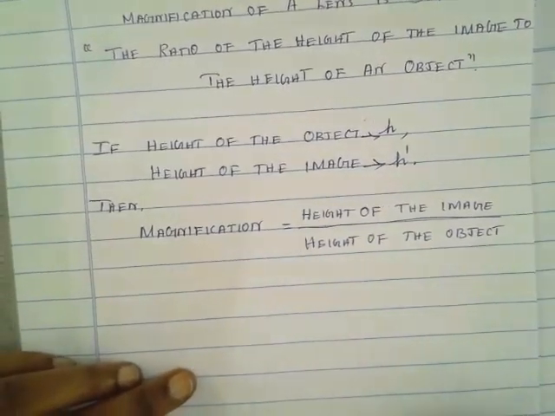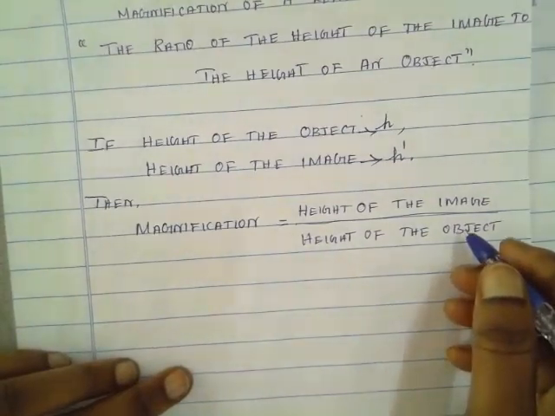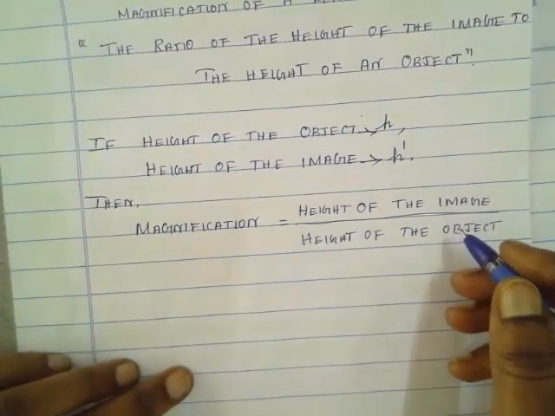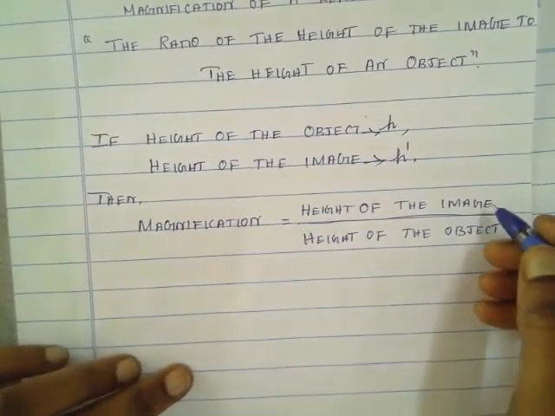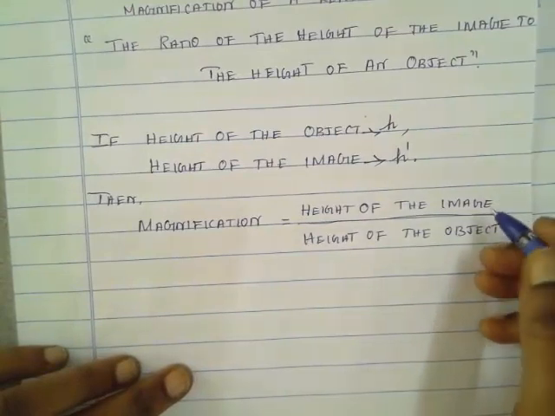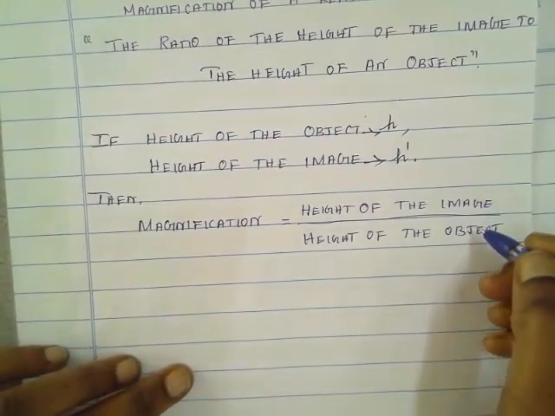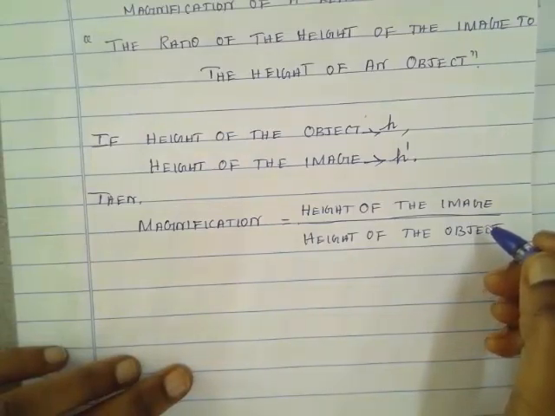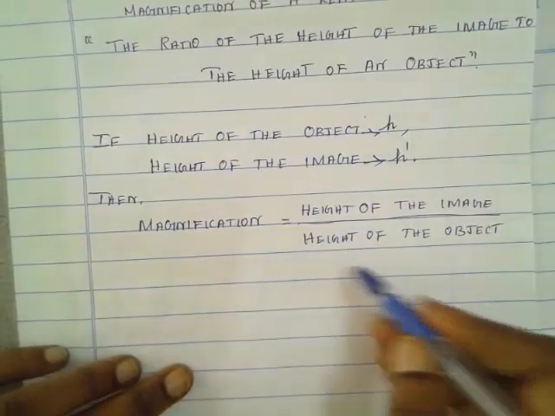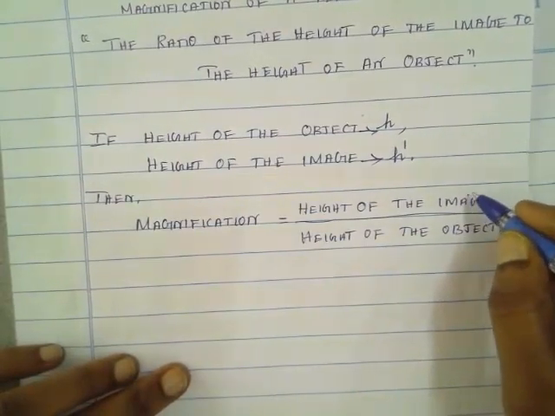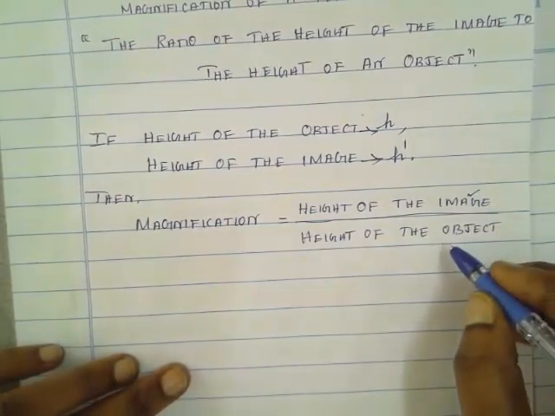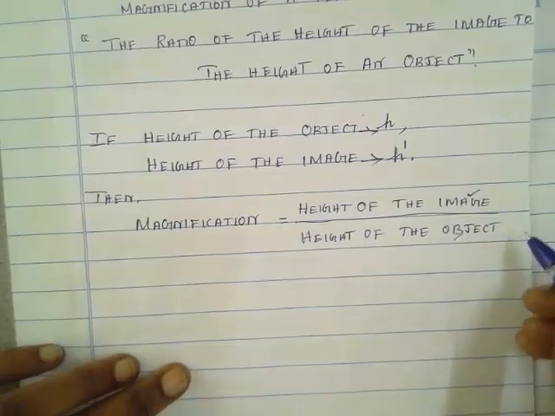In this case, I am interested to tell one thing: for every tool or every instrument, the efficiency of the tool will be output divided by input. Here I am talking about a lens and its magnification. The height of the image will be output and the height of the object will be input.